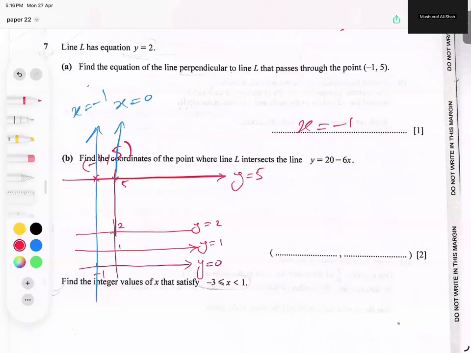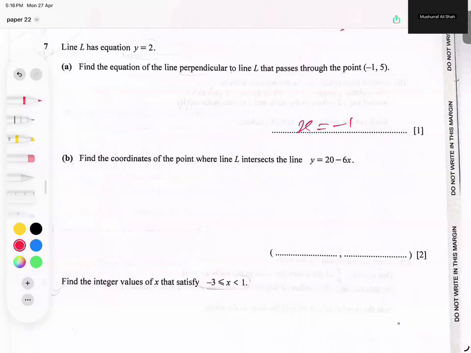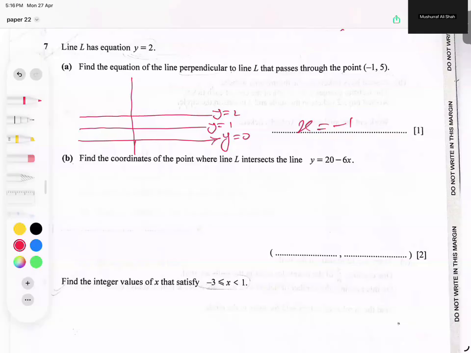Without a diagram, this question is just impossible. It's only 1 mark, but it's very, very important. Let me give a summary of this question once again. This is y equal to 0. This line is called y equal to 1. This line is called y equal to 2 because it passes through 2.